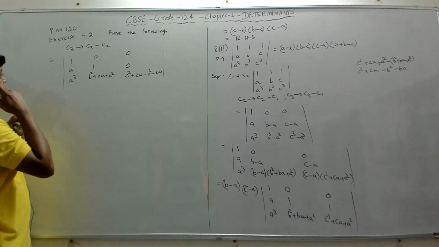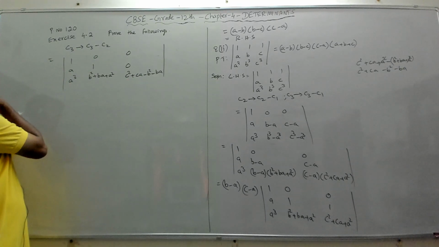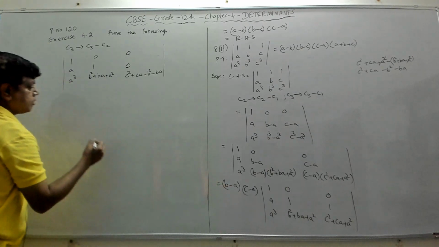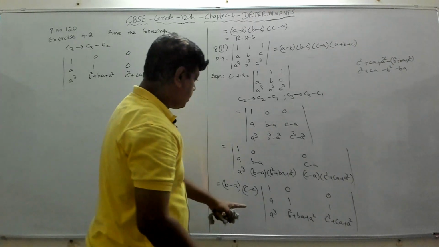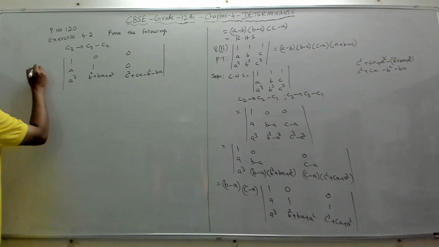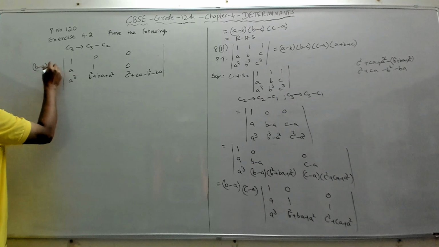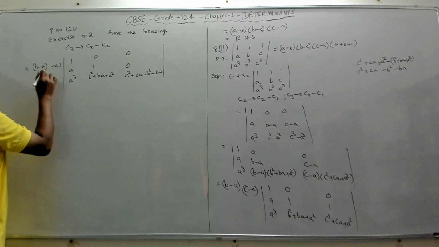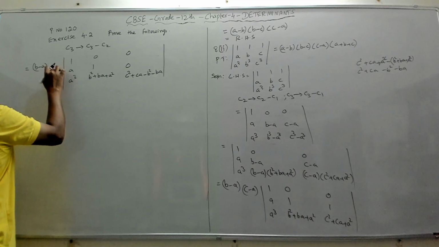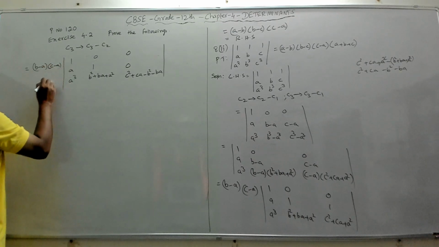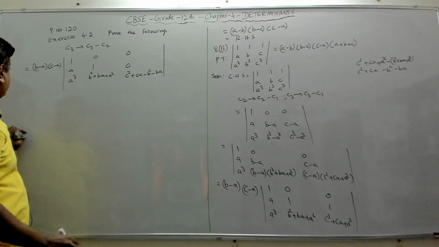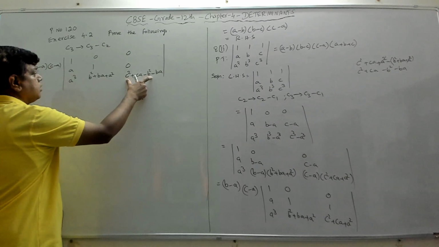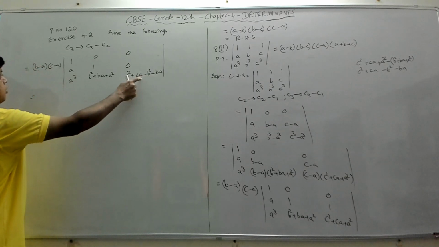Fine. Now again, if you observe here, I have to write B minus A into C minus A. So here I should write B minus A into C minus A. Fine. And that is equal to, now if you observe here, we can try to simplify this.